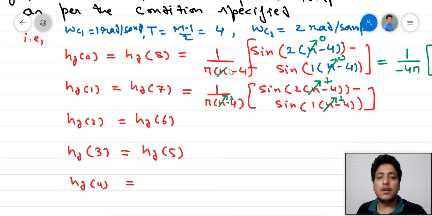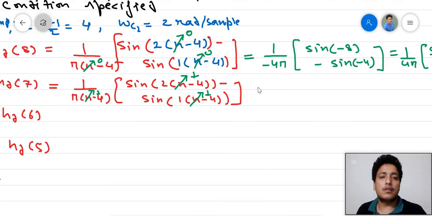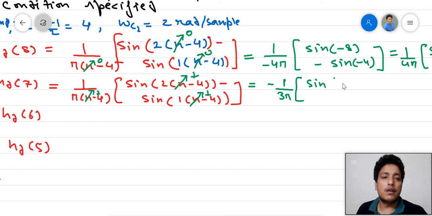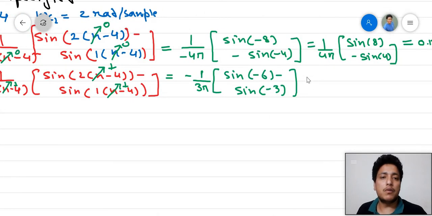Then this equation can be solved as minus 1 by 3 pi [sine minus 6 minus sine minus 3], which equals 1 by 3 pi [sine 6 minus sine 3].